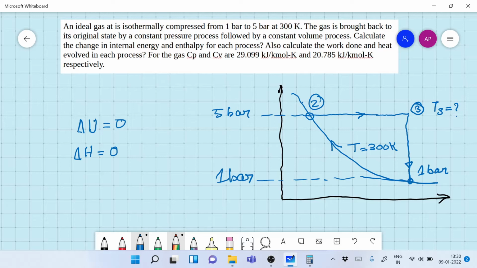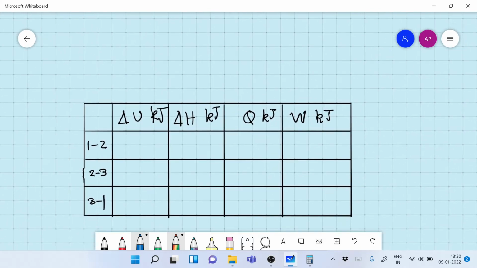That is, the temperatures are the same. For an ideal gas, the enthalpy and the internal energy are only functions of temperature. And by that reasoning, change in internal energy and change in enthalpy is 0. So I have prepared a table here and we can enter the values. So for process 1, 2, the change in internal energy is 0. The change in enthalpy is also 0.